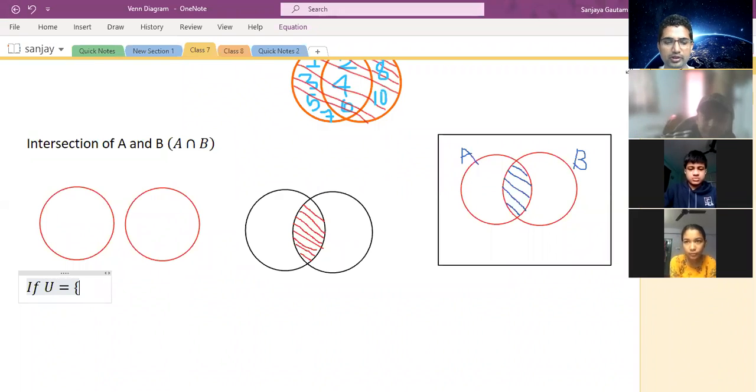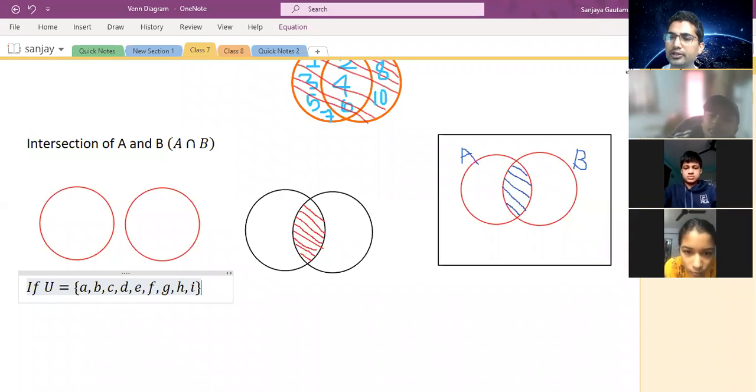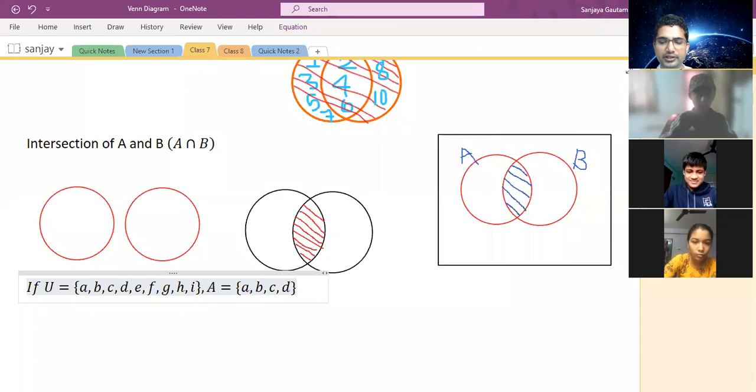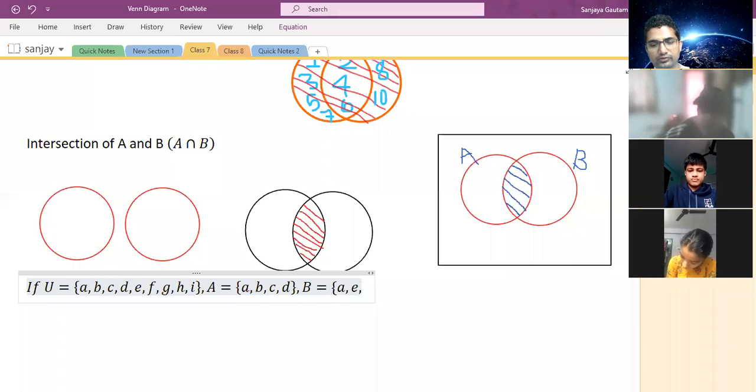U is equal to a b c d e f g h i. Okay, universal set U is equal to this much. A is equal to, let's suppose, a b c d, and B is equal to a e i.